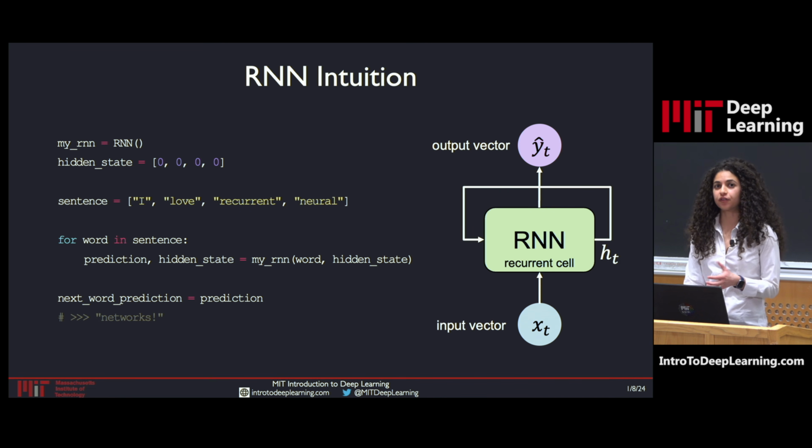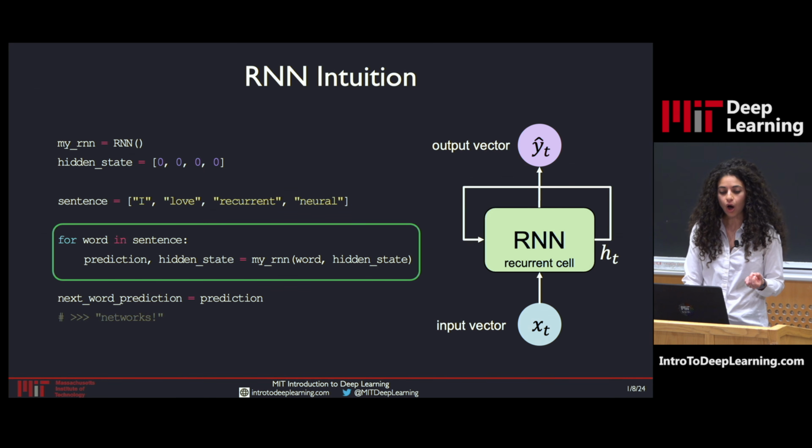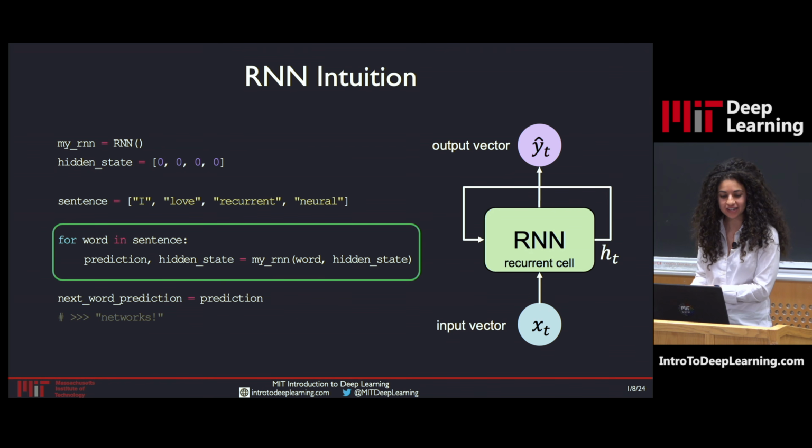We can also think of this from another angle, in terms of how we can actually implement an RNN. We think about initializing the hidden state and initializing an input sentence broken up into individual words that we want this RNN to process. To make updates to the hidden state, we iterate through each of the individual words, the individual time steps in the sentence, and update the hidden state and generate an output prediction as a function of the current word and the hidden state.